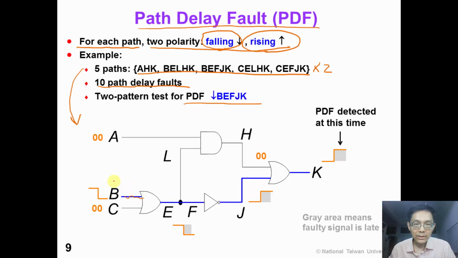Suppose we want to test the falling transition path DelayFault starting from the input B. If we apply the pattern 00 for A, 00 for C, we can propagate this transition along this path, and eventually we can detect the fault at the output K. The gray area in this figure means that the faulty signal is later than a good signal.